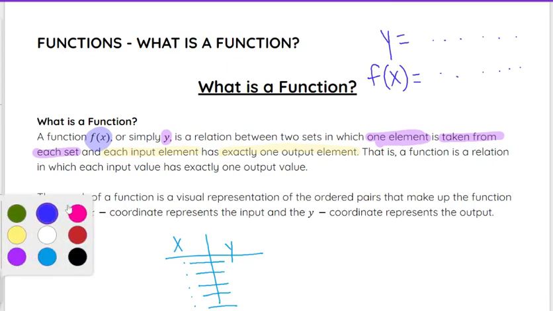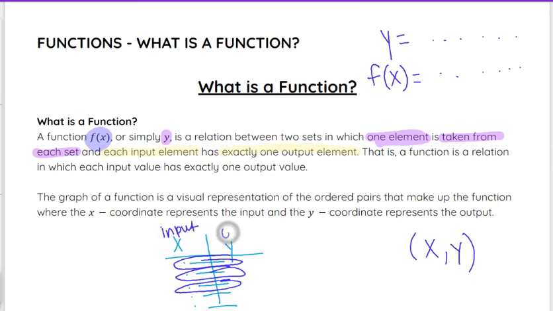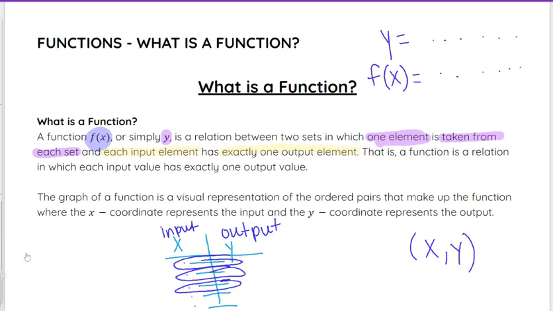But the graph of a function is a visual representation of just ordered pairs, like we see here in this table, x and y values that go together, that form that ordered pair, that make up the function, where the x coordinate represents the input and the y coordinate represents the output. And that is typically how we look at functions.